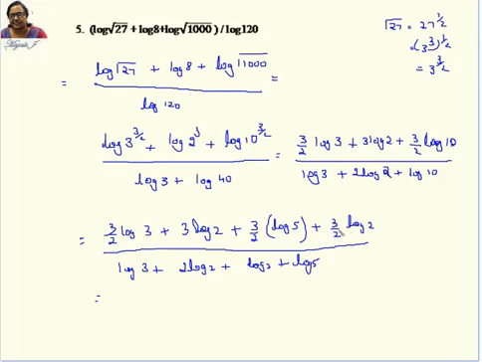And there is one more 3 by 2 here. 3 by 2 plus 3 is how much? 9 by 2. Let me write it. 3 by 2 log 3. And the log 2, when you combine, this is 3 by 2 plus 3 is how much? 9 by 2. Correct. This is going to be 9 by 2 log 2 plus, okay, we'll write it as same 3 by 2 log 5.